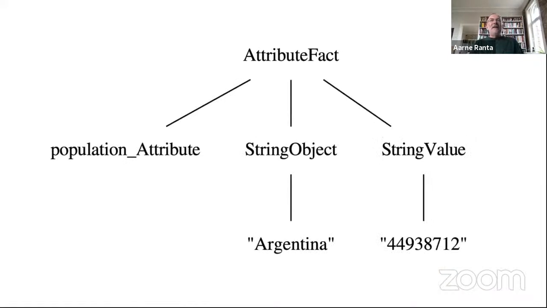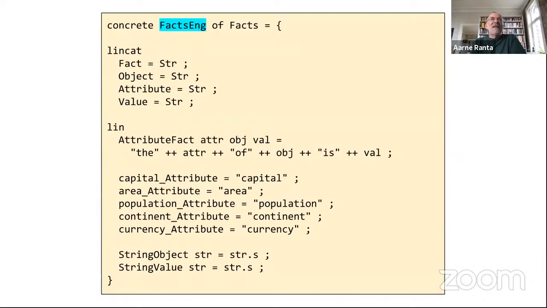So if we now want to say that the population of Argentina is 4 something, then this is what the abstract syntax tree is according to that grammar. And this is the concrete syntax. You can recognize the GF syntax here.